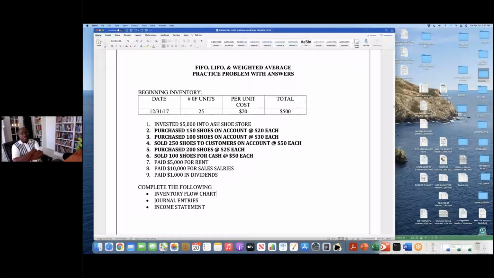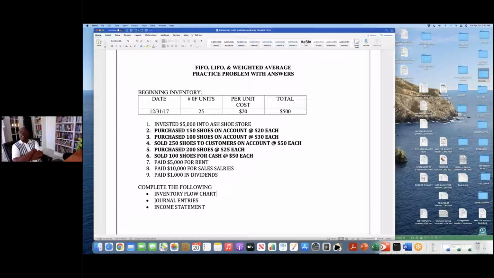Post them to the ledger, or not, we'll get to that, but make the journal entries. So do 2, 3, 4, 5, and 6.